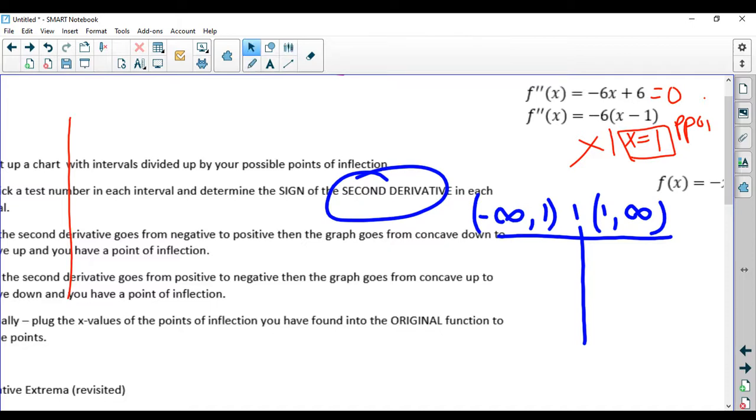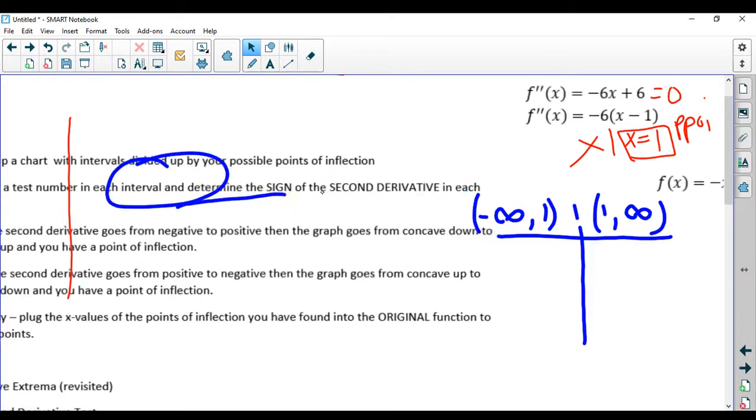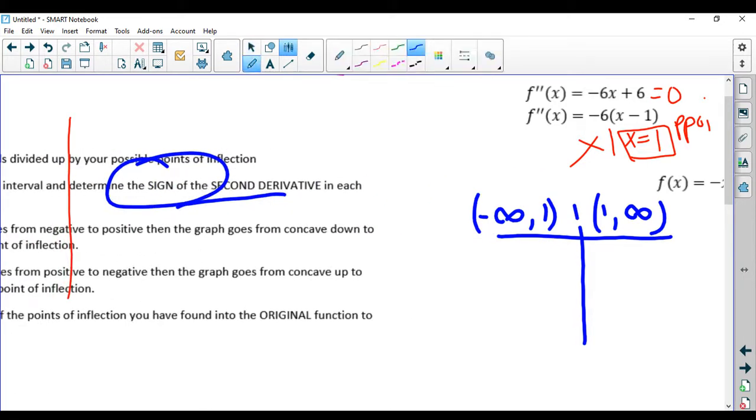And we just care, again, if it's positive or negative. So in the first interval, I'm going to pick 0, and I'm going to figure out what the second derivative is at 0. The second interval, I'm going to pick any number in that interval. I'm going to pick 1,000 just because it's in the interval.